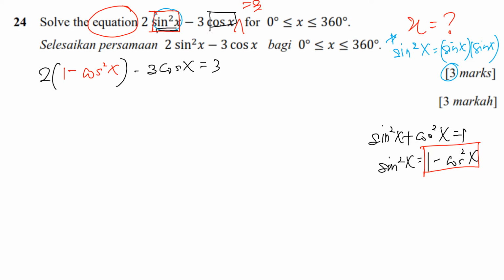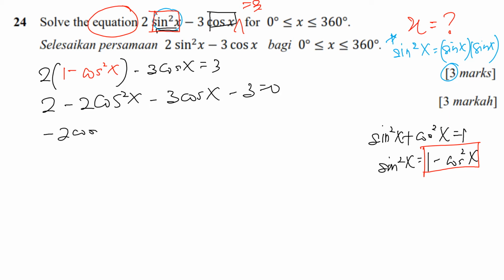The next step, you know the steps of solving is by expanding if you have a bracket, then rearranging. I'm going to follow that principle. First I expand: 2 minus 2 cos squared x minus 3 cos x minus 3 equals to 0. So I get negative 2 cos squared x minus 3 cos x minus 1 equals to 0.